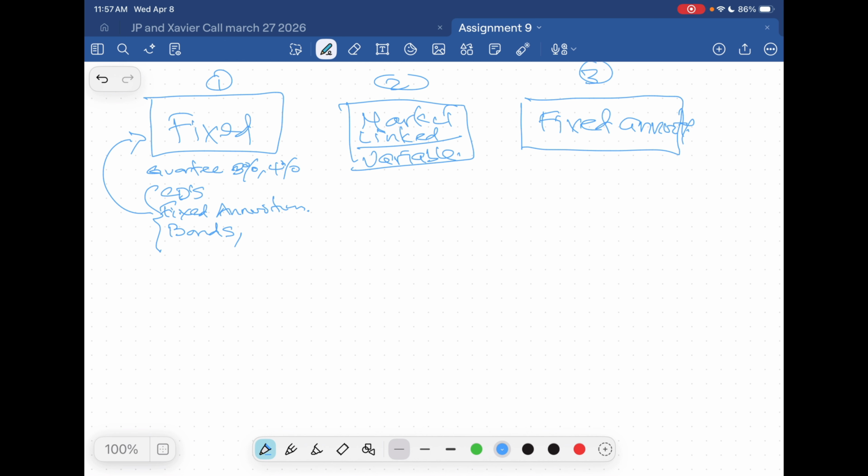The second type of account is called market-linked, or variable. It could be things such as stocks. It could be 401k. It could be variable annuities.